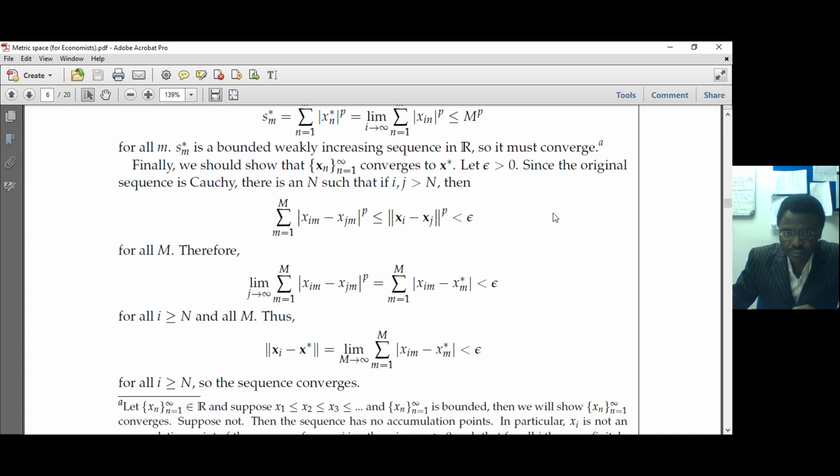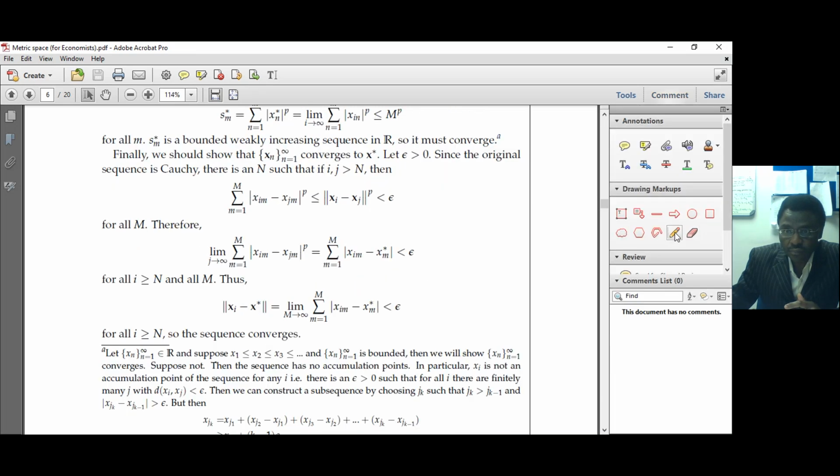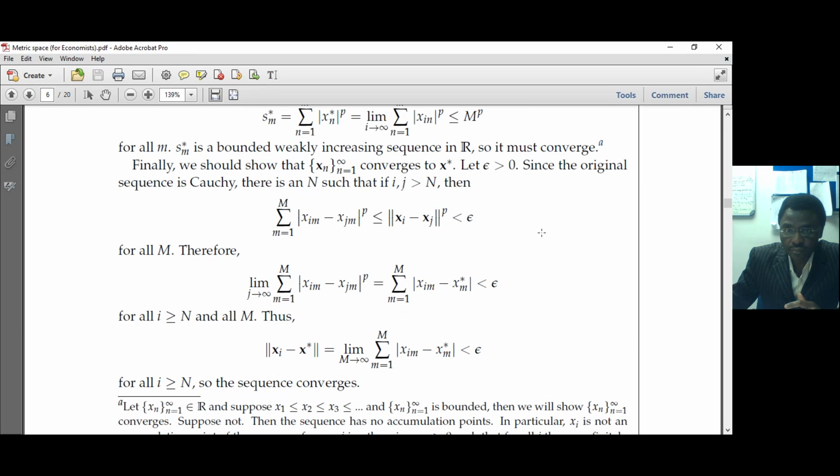LP. With LP, the norm, oh, sorry. If I write, for instance, a Cauchy sequence in terms of LP, right?